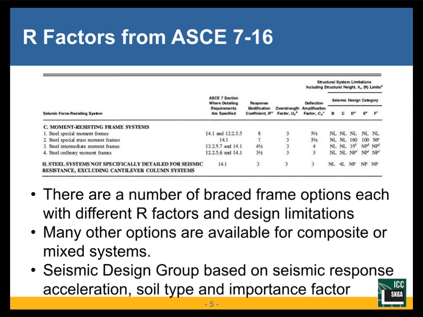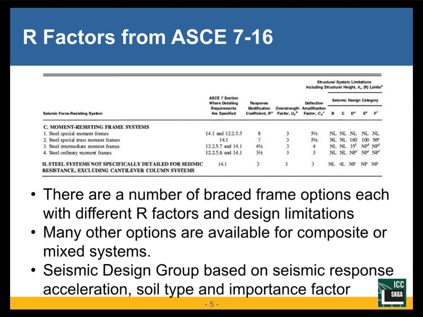But I think you'll see that there are a number of different options for steel moment frames. I think in the slide I have brace frame options, but these are moment frame options. And each of these moment frame options has different R values. They also have a different C sub D value and an overstrength value. The C sub D and overstrength are important in the actual design criteria.